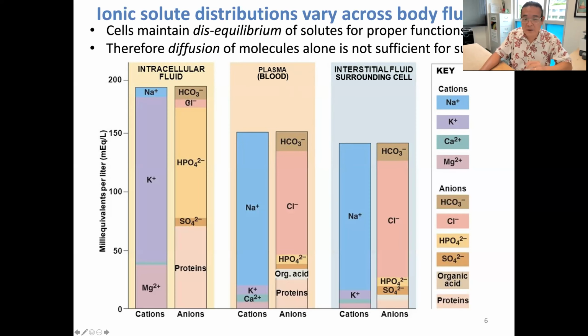So for each compartment, the positive charges and the negative charges are relatively balanced out. But importantly, I want you to notice that the actual makeup of which positively charged ions are involved, and in what proportions in each of these compartments, can be quite dramatically different.